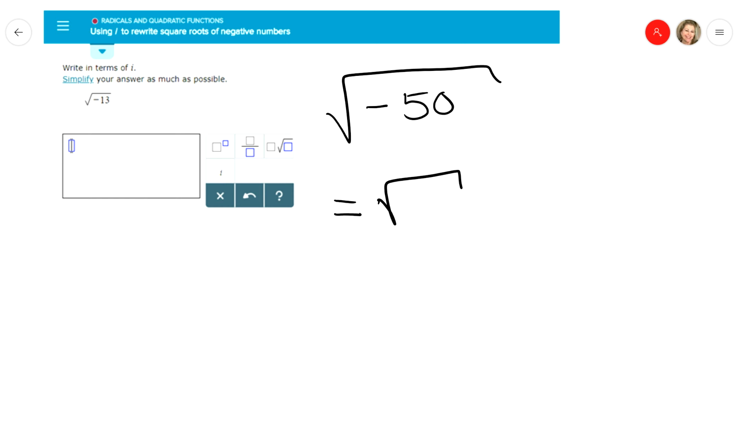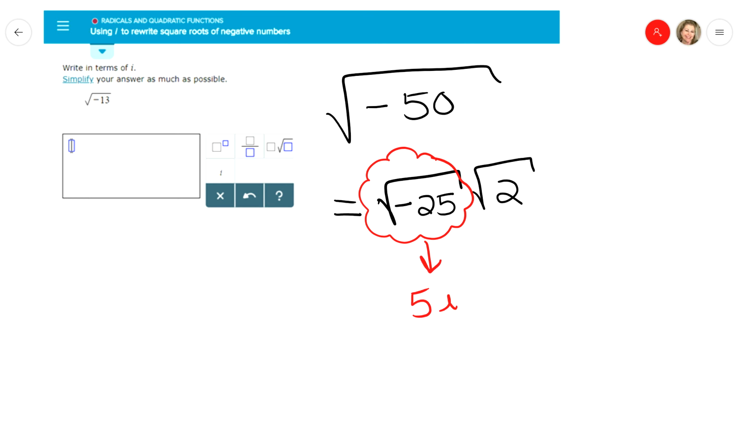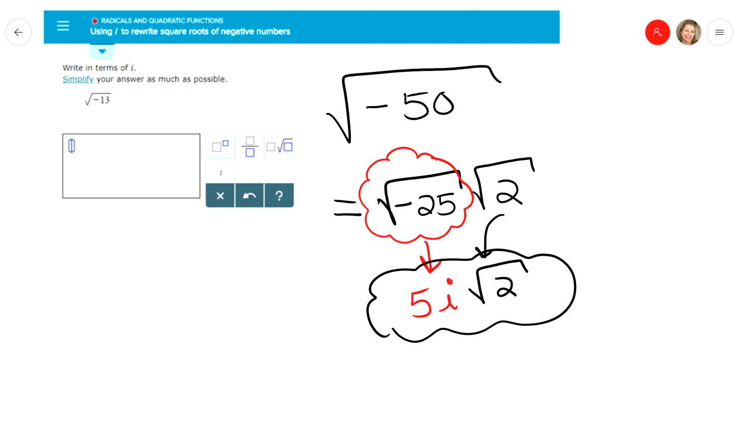So when I do this, I usually put the negative sign with the perfect square. So I've got the square root of negative 25 times the square root of 2. And then, of course, I can take the square root of negative 25. That would be a 5i. I cannot take the square root of the 2, so I just leave it as the square root of 2. And then this would be 5i times the square root of 2.